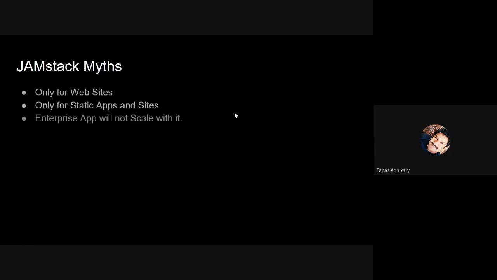Okay, quickly to talk about a few myths, what JAMstack is not, to keep in mind. If you're already using JAMstack, you're probably aware of it, but if you're not, there is a myth that it is only for websites. It is not. Only for static apps and sites? It is not, because I'm using it for an enterprise app now. Enterprise apps will not scale with it? It's actually the reverse.